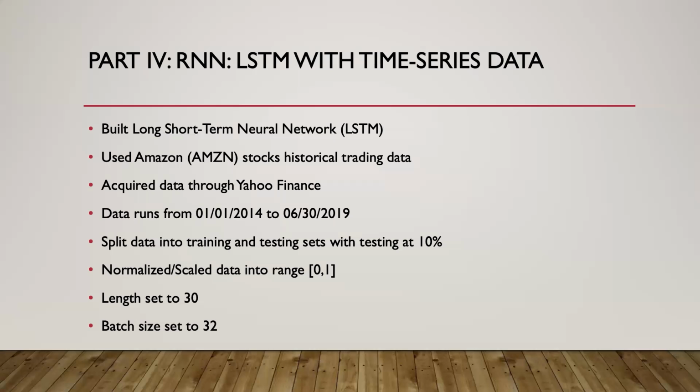I feel like the stock market depends a lot more on what's happened recently than long term. I don't know if that was the correct decision, and we'll see some points later discussing whether I should change the length again. But I set it to 30, reduced from 60 in the previous assignments. Batch size is set at 32.